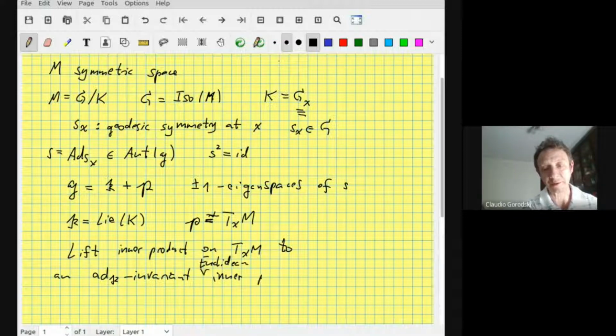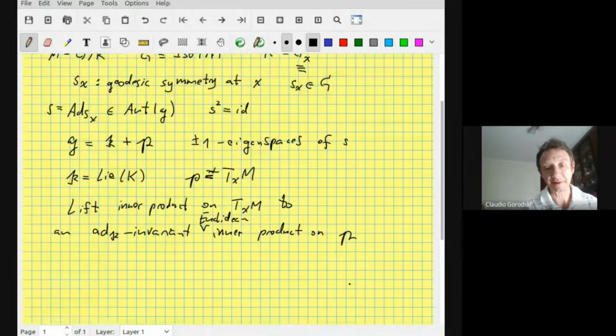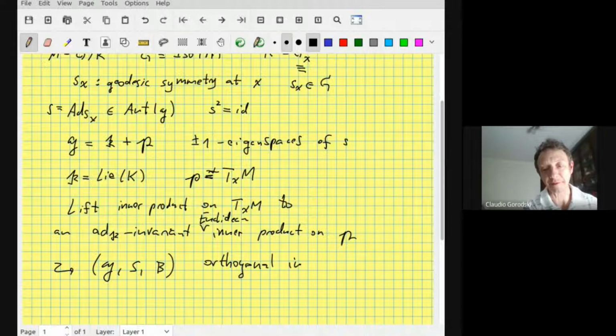Inner product on P. And that's what we get. We get this triple, which we call an orthogonal involutive Lie algebra, or we can abbreviate also OIL algebra.